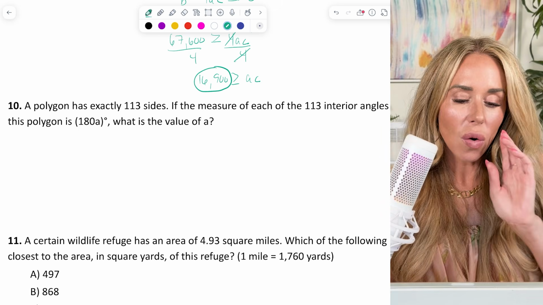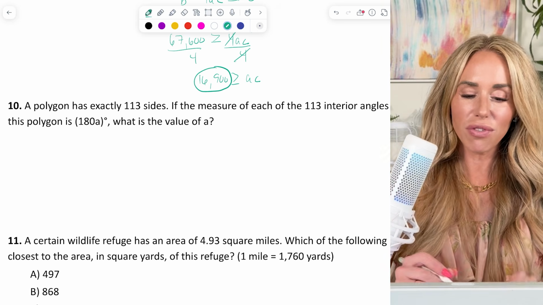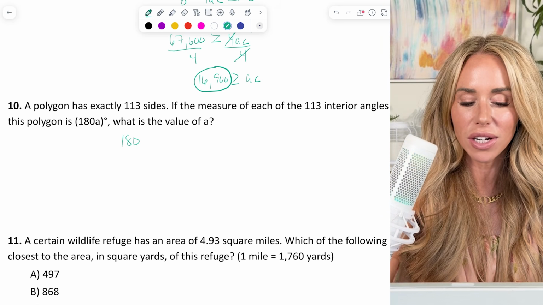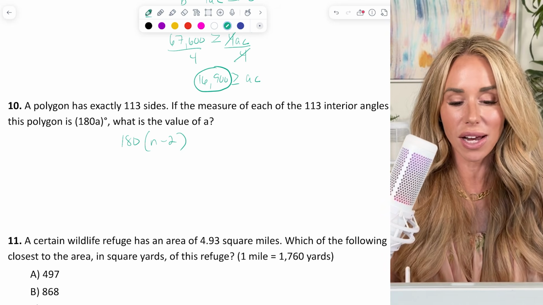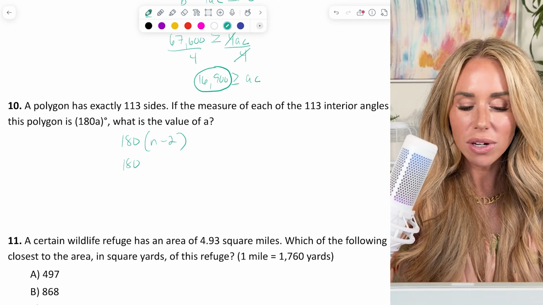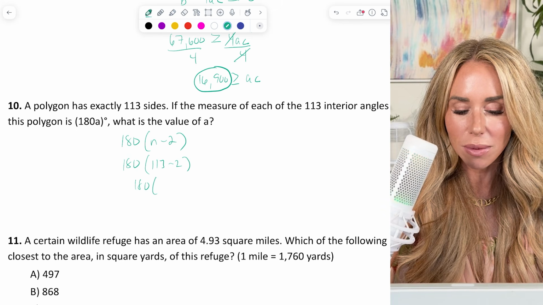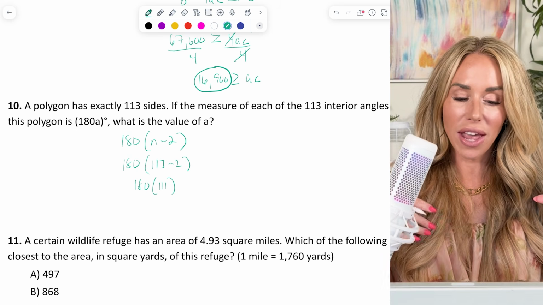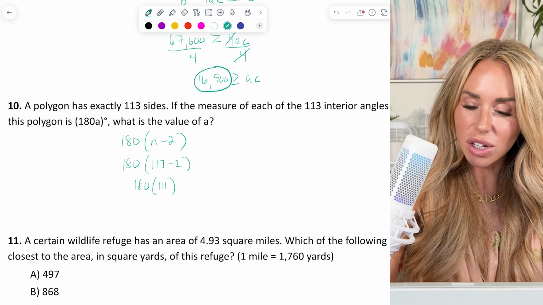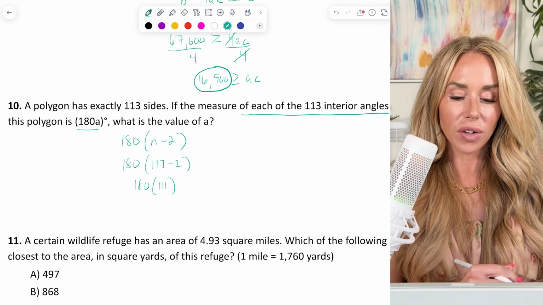Okay, here's the thing. We need to know how many degrees there are in the polygon total first. There's a simple formula for that. You take 180 degrees and you multiply it by n minus 2, where n is the number of sides of the polygon. So it's going to be 180 times 113 minus 2, which is 180 times 111. That's the total amount of degrees in the whole thing. But they said if the measure of each of the 113 interior angles is this, okay?